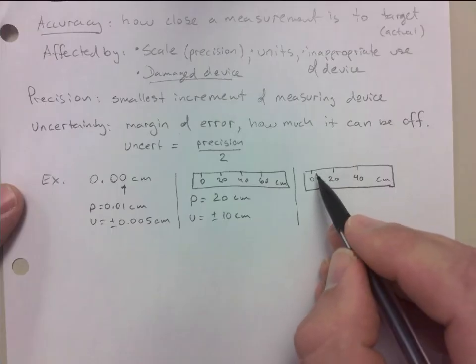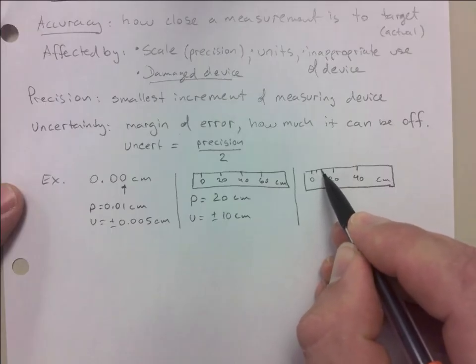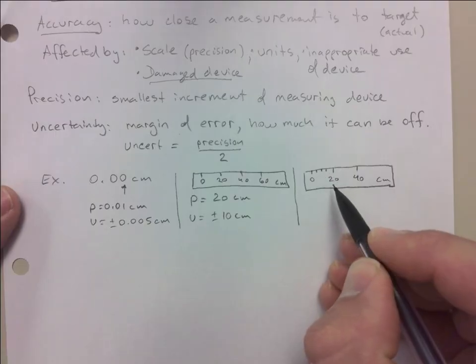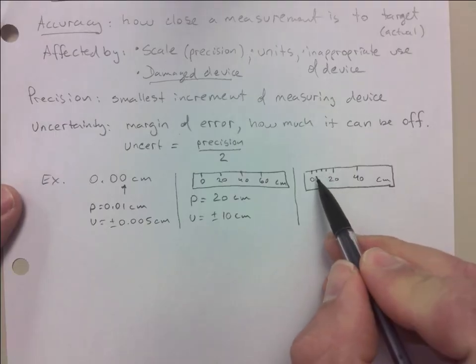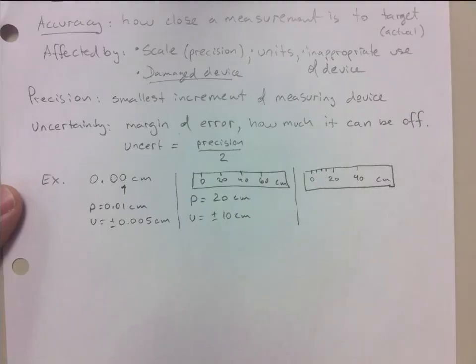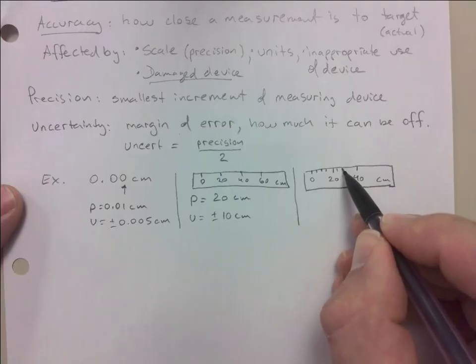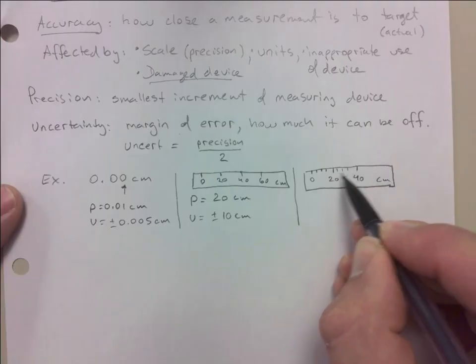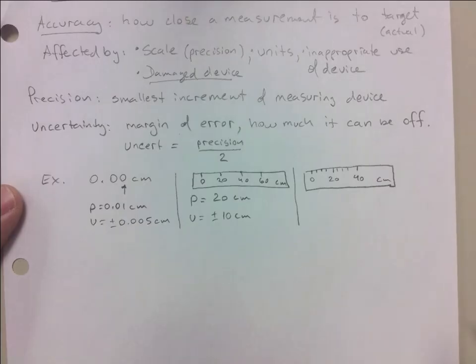So between 0 and 20, I'm going to have 3 markings. So there's 1, 2, 3, 4 gaps. That's what I want you to have. Same with the other ones, to have 3 markings so that there's 4 gaps.